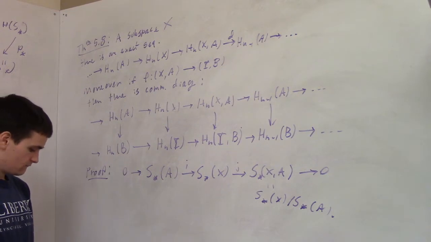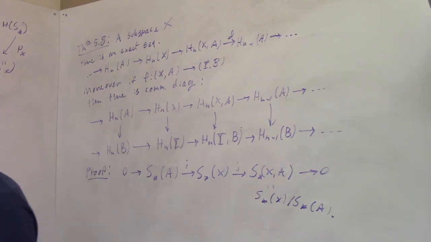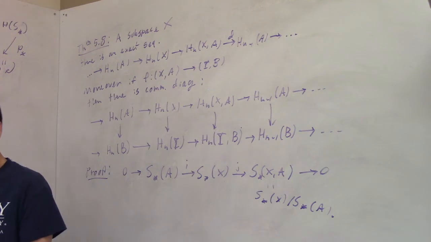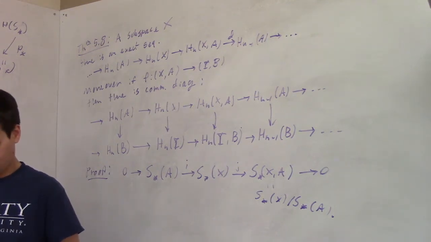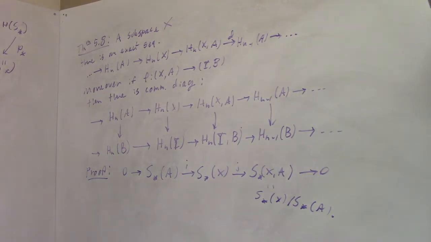Let's see. So 5.9. Actually, what time is it? Let's see, how long is this one? Oh, this isn't bad. I'll go through this one, because they say this is also implied by some sort of super long diagram chase.